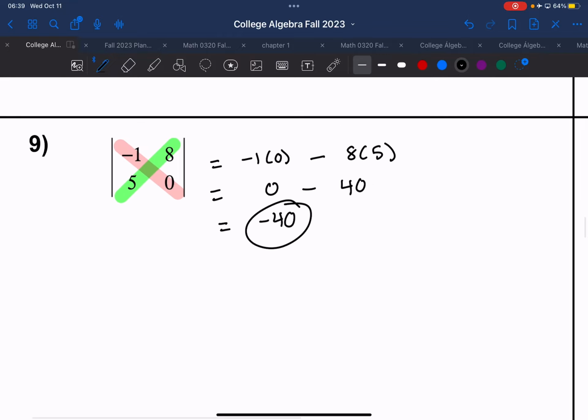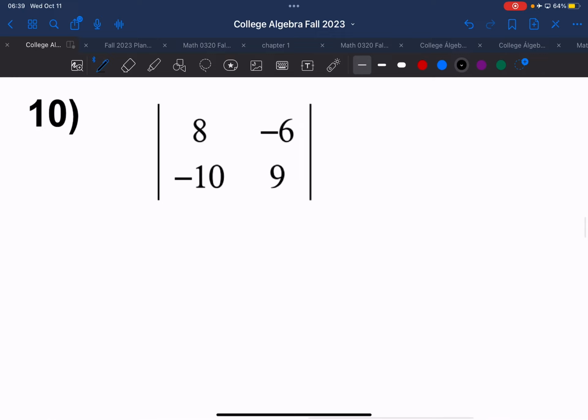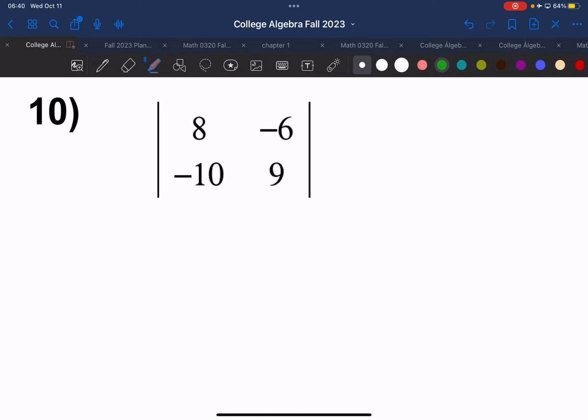Okay, go ahead and try number 10. This is the last one we're going to do. Again, just make sure you're doing the correct diagonal first.